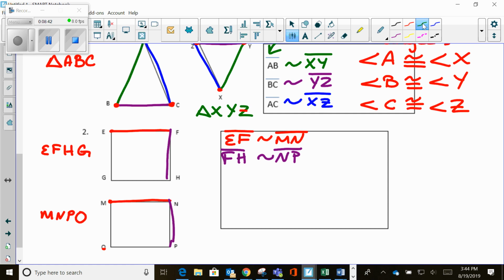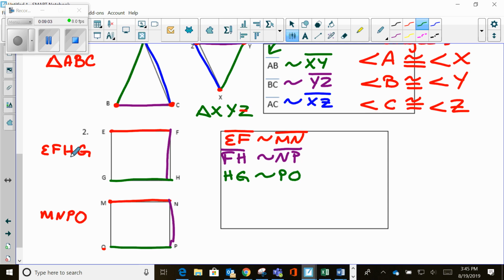And the bottom side, we have GH, or you could say HG, either way. GH or HG is similar to PO. Yep, down here at the bottom. It's easy.